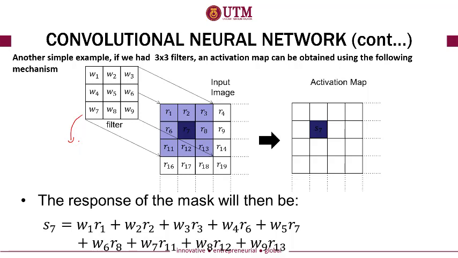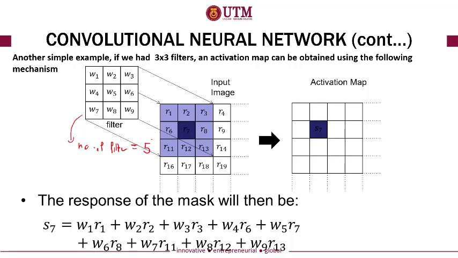Let's say that in order to implement the convolutional process, you have more than one filter. Let's say you have 5 filters where the size is 3 times 3. So the number of filters you are using is equal to 5.